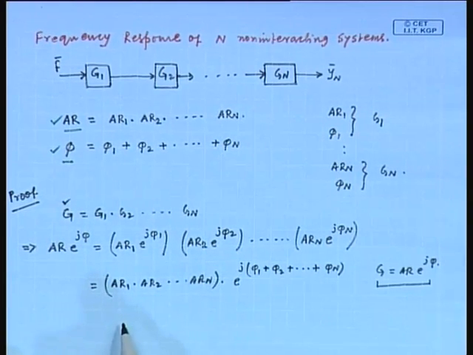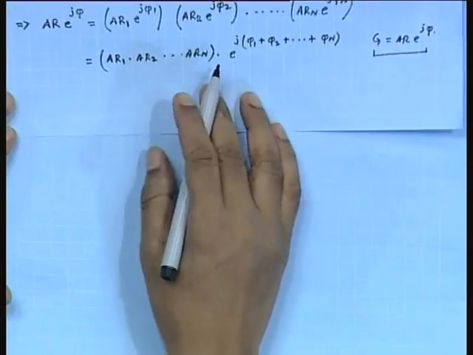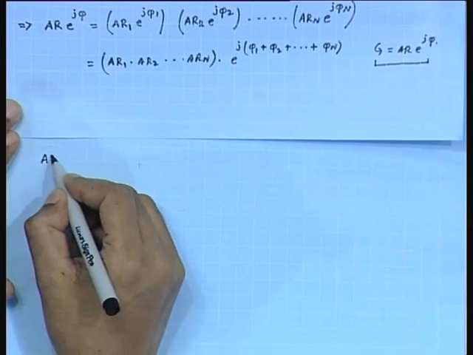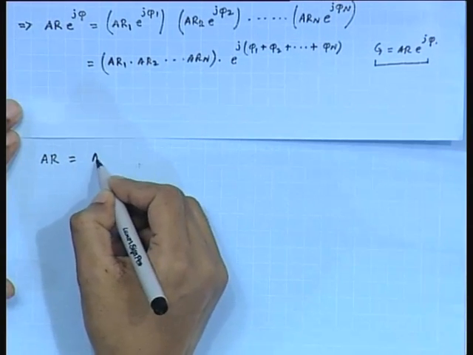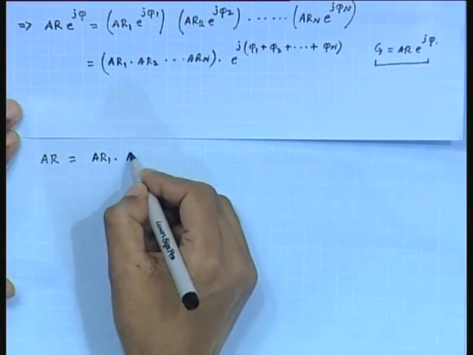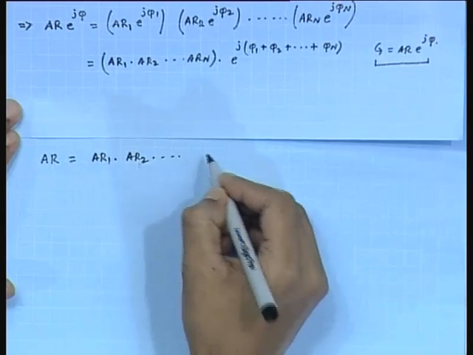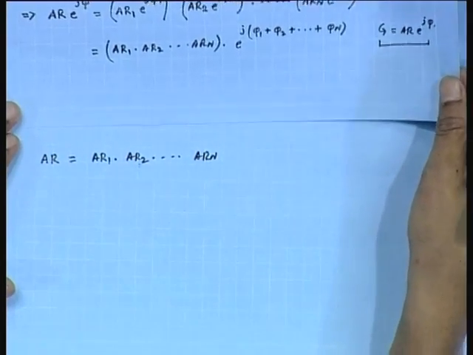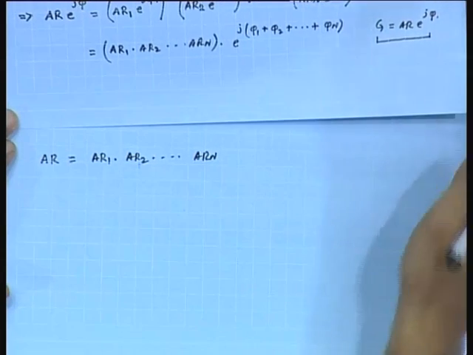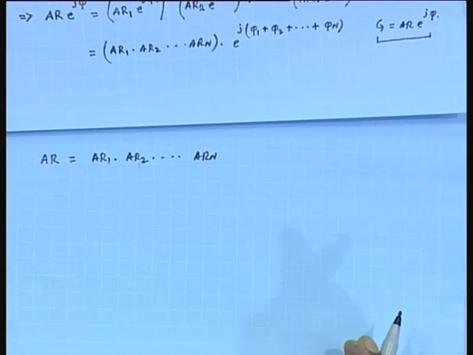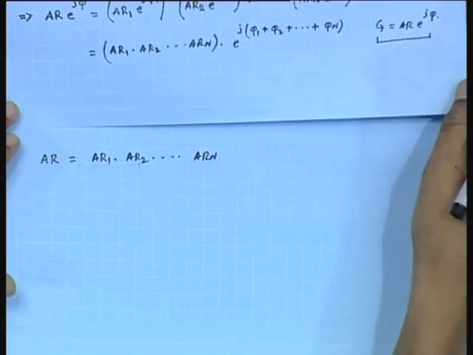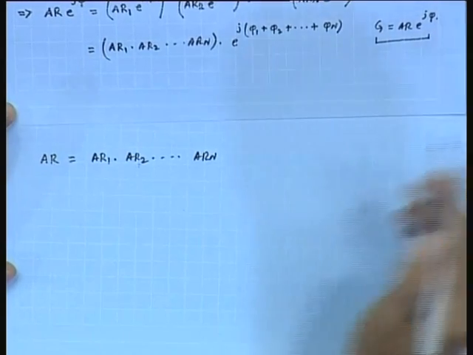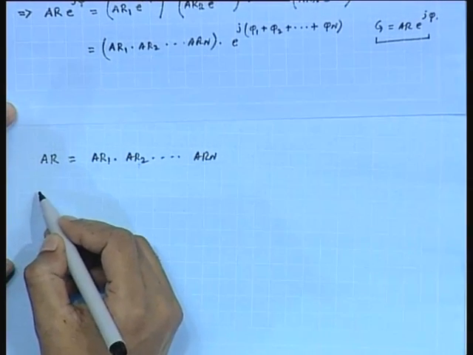Now, if we compare left hand side and right hand side, we obtain the overall amplitude ratio as the multiplication of individual amplitude ratios.